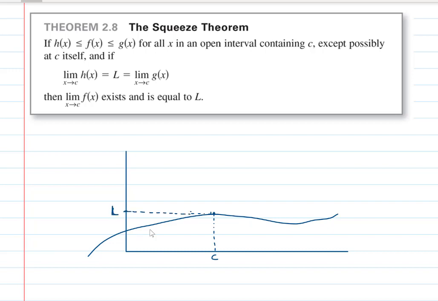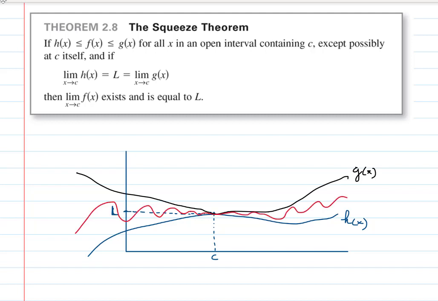And then you have another function. So again, we're going to say this is h of x. And then you have a g of x that is larger, right? Larger function, some g of x there, where the limit of g of x as you go to c is also L. So then any function in between those two functions, the limit of that function would also be L.